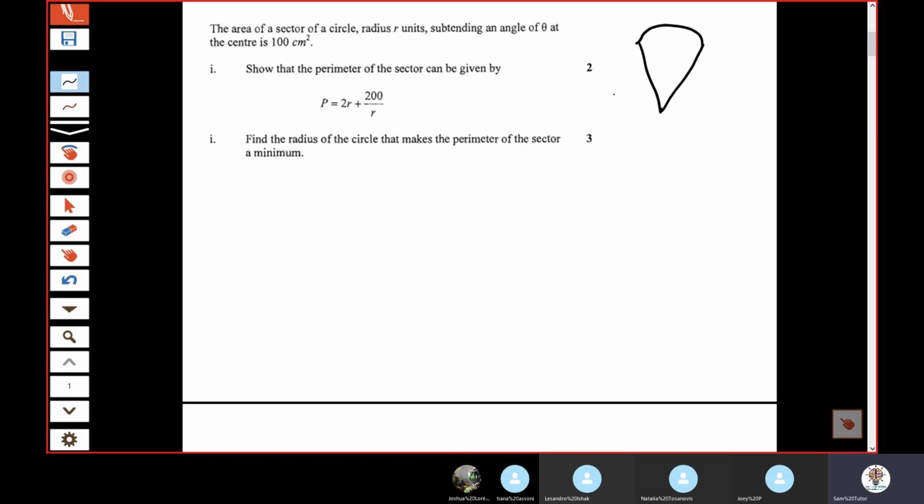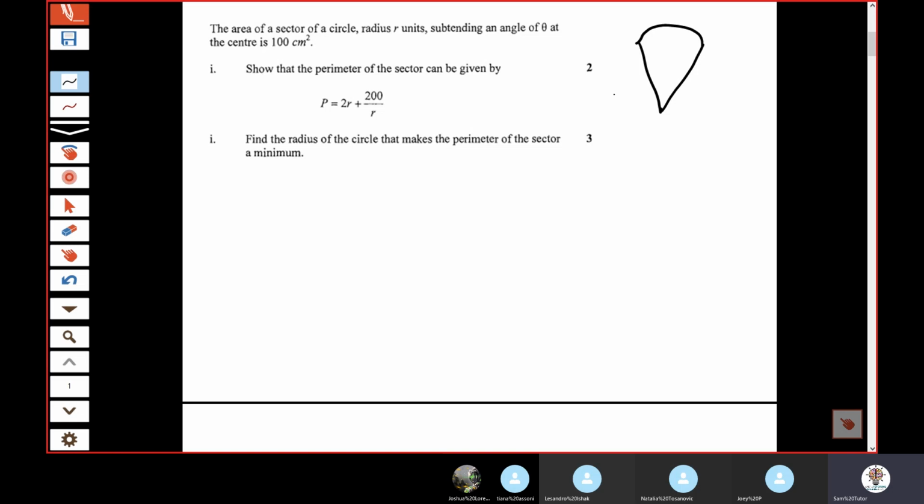Yes, that is area: pi r squared. But what's the other one you could have used? Half r squared theta. That's what you got taught this year.